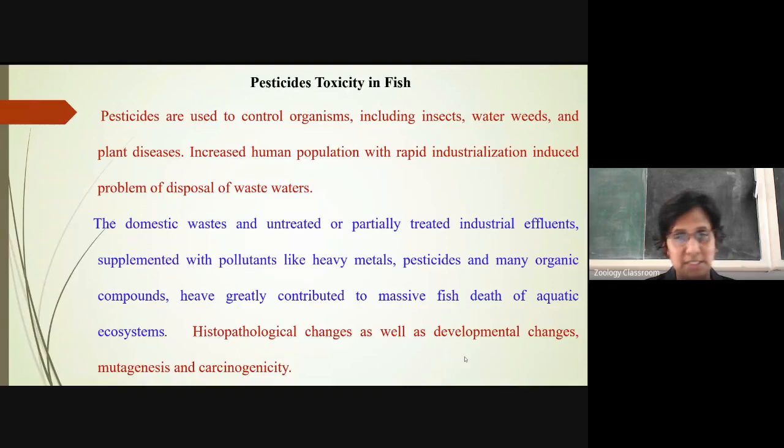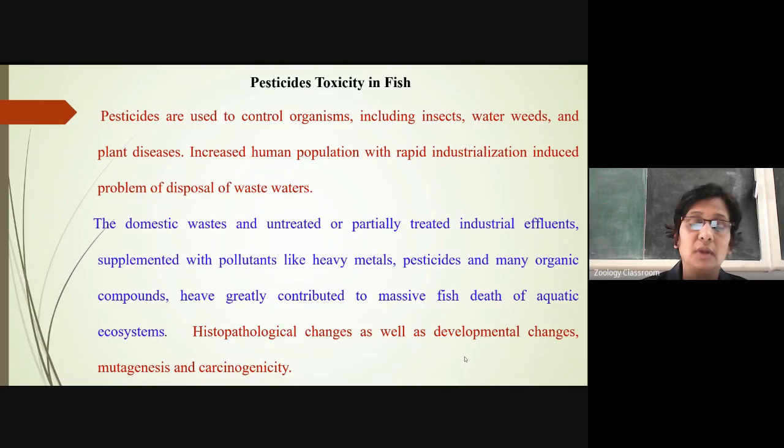So pesticide usage in agricultural fields to control pests is extremely toxic to non-target organisms like fish and affects fish health through impairment of metabolism. So metabolism is impaired, and sometimes fish mortality also takes place. Death of fish takes place.